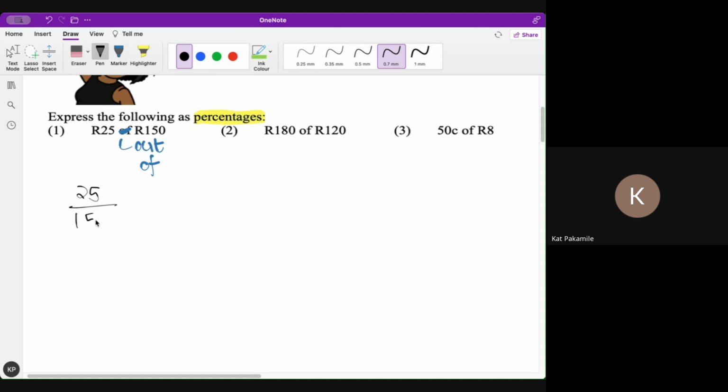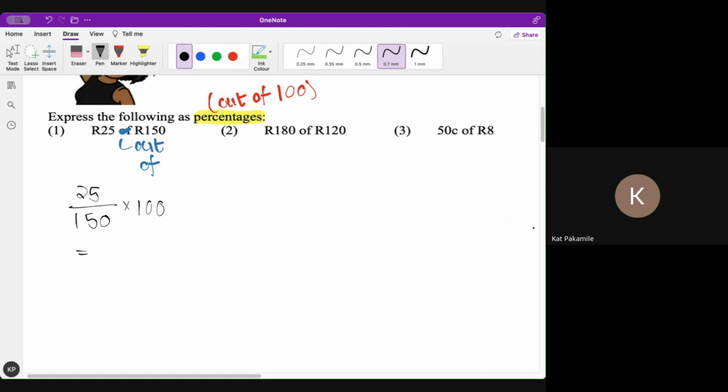25 out of 150. And because we're looking for a percentage, it's always out of how much? Percentages are out of 100. So I'm going to say 25 out of 150 times 100.